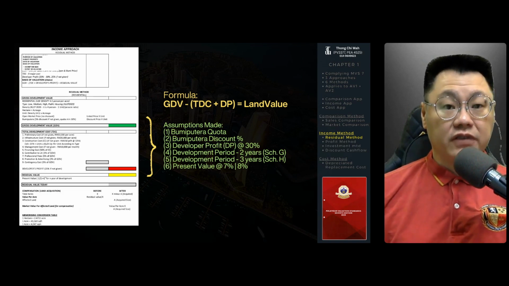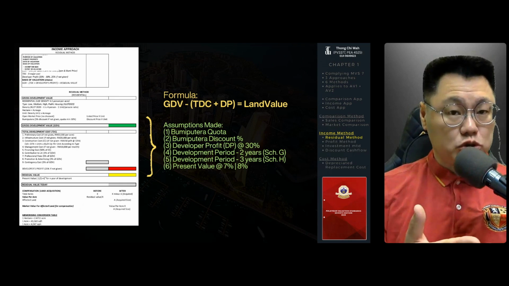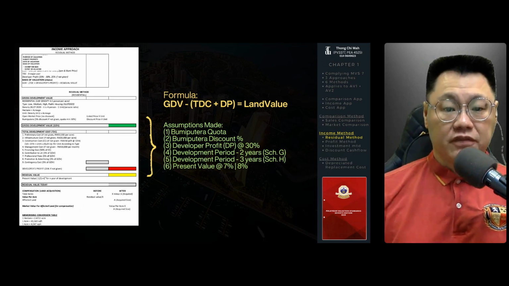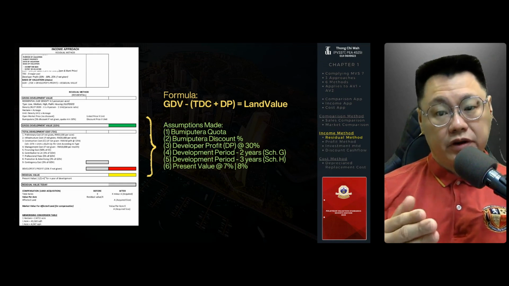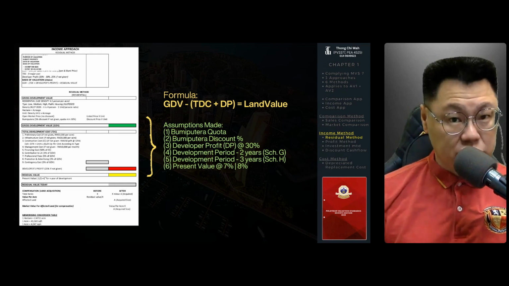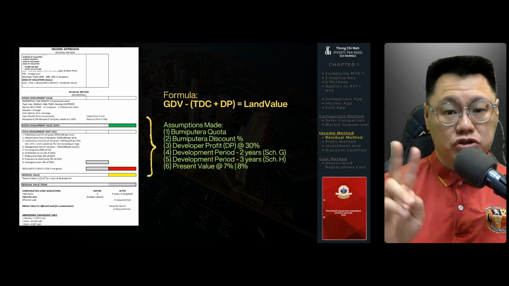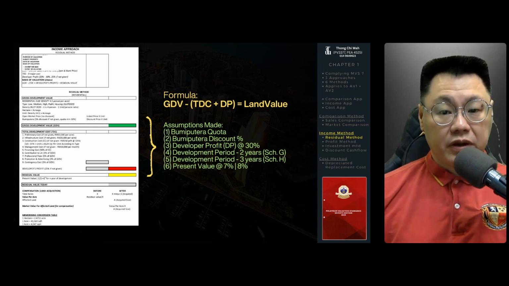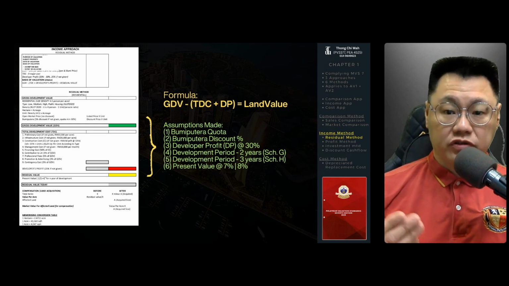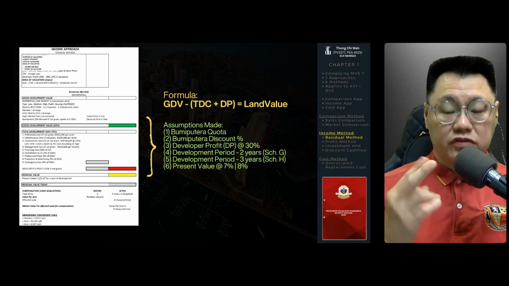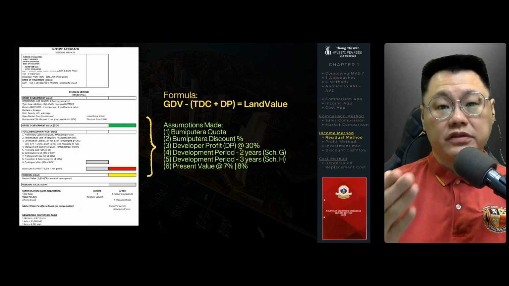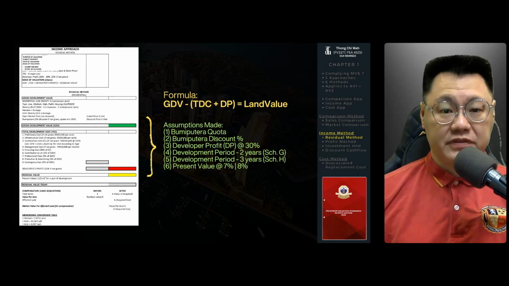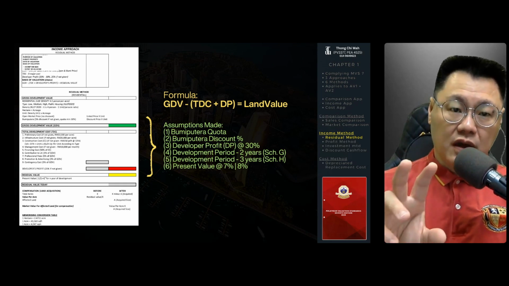Then for developer profit, you can take between 25 to 30. For the development period, it is 2 years for Schedule G and 3 years for Schedule H. And then for the present value rate, you can take between 7% to 8%. So this is what it is.